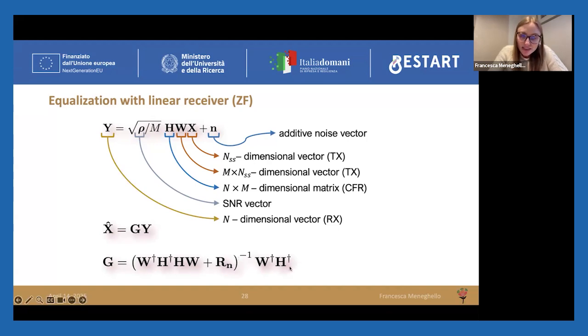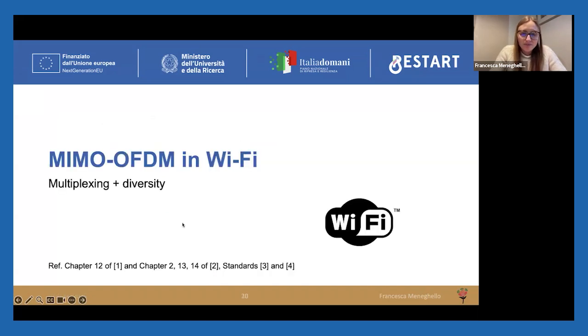But actually here, we are not inverting only the channel matrix, but we are inverting the beamformed channel. So the channel matrix plus the precoding matrix, so this HW. And actually here you have the pseudo inverse of this HW. So this is how we can leverage diversity and multiplexing.